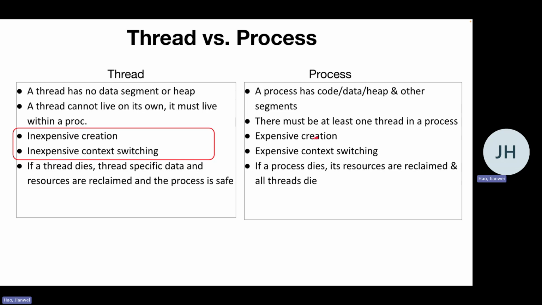It's expensive to create because we need to allocate memory and create the data structures for the process, and it's expensive for context switching. And if a process dies, then its resources are reclaimed, and all the threads in this process will die.